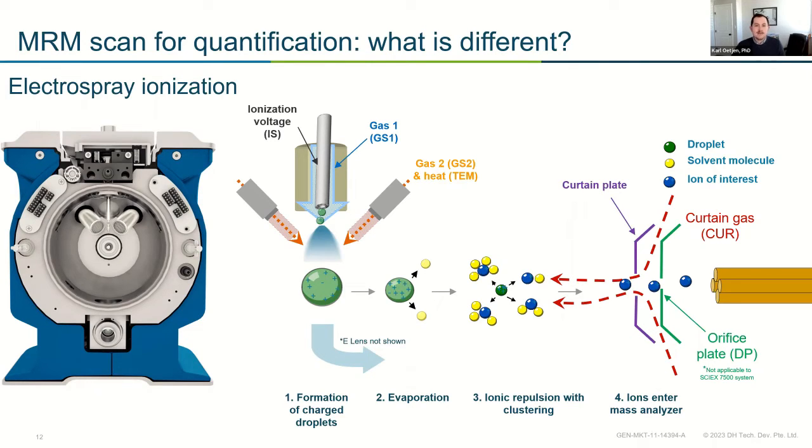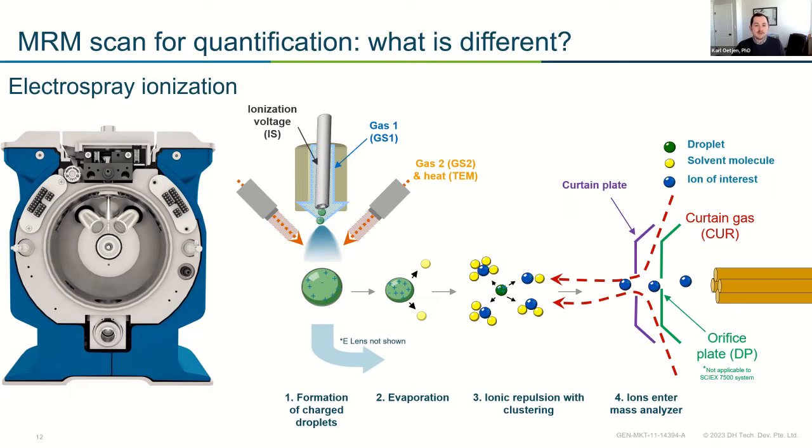If we take the source portion, so before the ion is introduced, after it's made it off of our HPLC and is being introduced into our mass spec, those variables and conditions are going to be the same between your triple quad and your QTOF. There's not going to be a whole lot different there, provided you're using the same type of source.